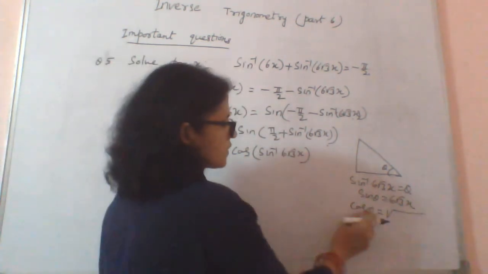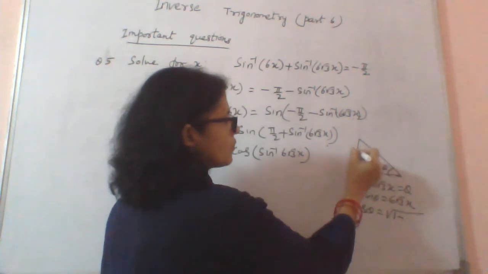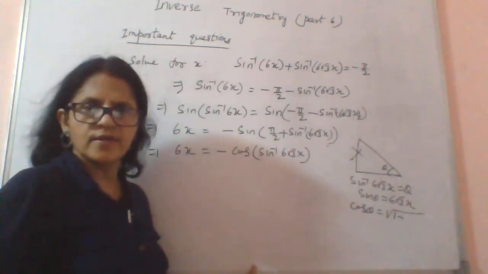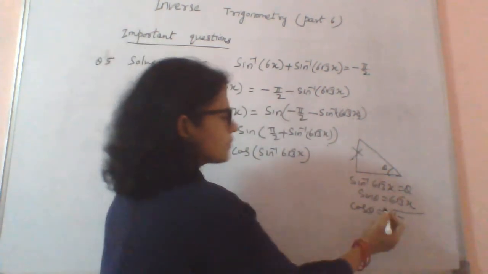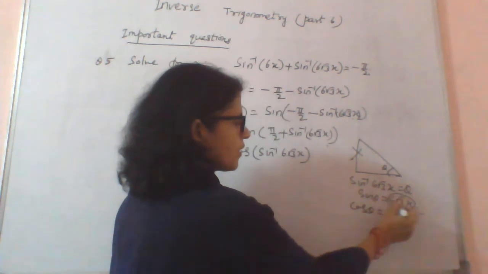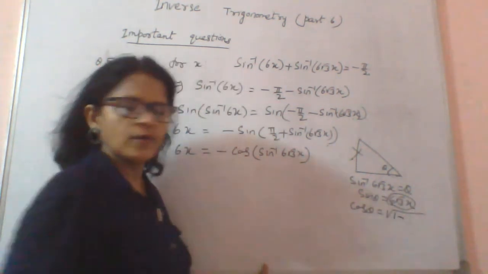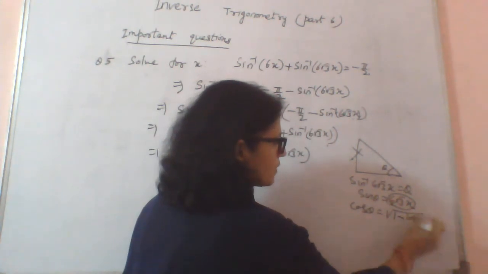So cos theta is under root 1 minus sin square theta, that is, square of this is 36 into 3, 108x square, right?